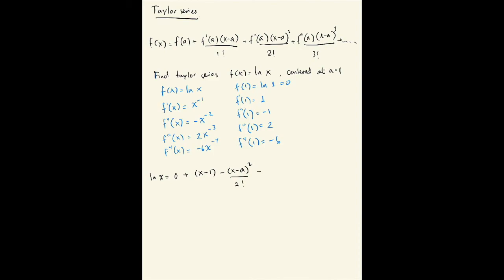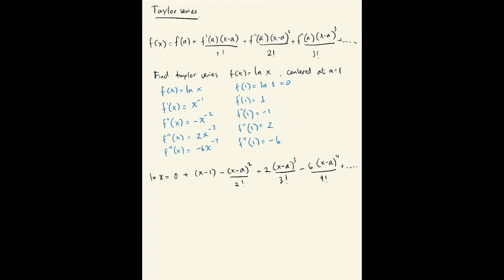And then the third will be 2, and then maybe the fourth, which is negative 6. Okay, I just need these 4. You can try 5, 6, it depends on you. But for now, I just need these 4.